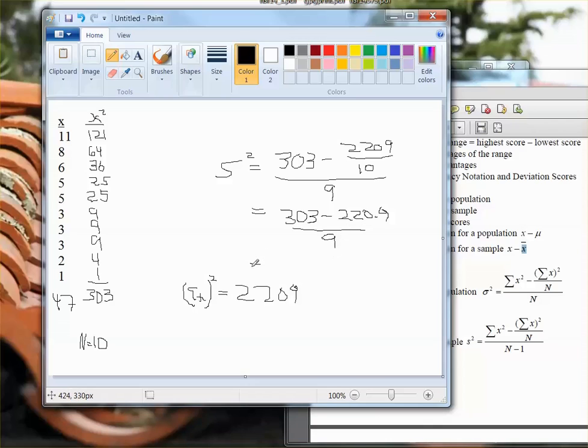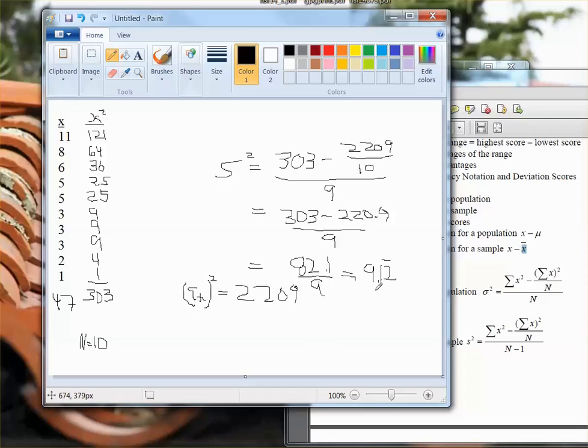And then for solving this, you subtract the top two numbers there, 303 minus 220.9, and you're going to get 82.1 divided by 9. And so your final answer is going to be equal to 9.12, and it's repeating, so you can just put that line up over there. That would be our variance.